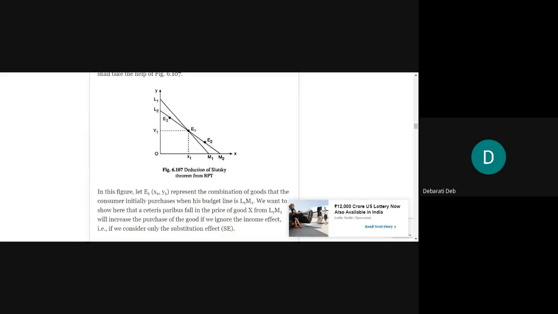We have to also take into consideration that any point on this new budget line L2 M2 has got a 100% chance of getting ignored by the consumer, because the consumer prefers to buy E1. If there are any points E2, E3 on this new budget line L2 M2, then those have got a 100% chance of getting ignored due to the preference of the consumer who likes to buy E1.